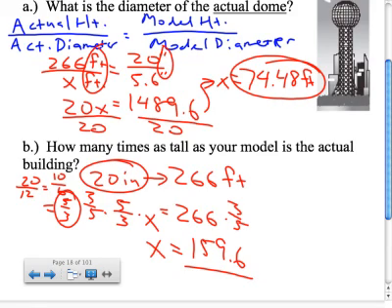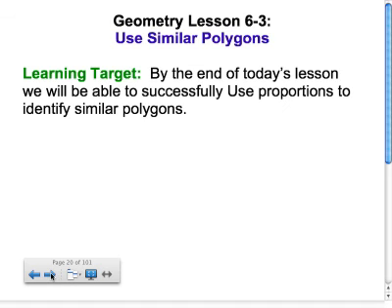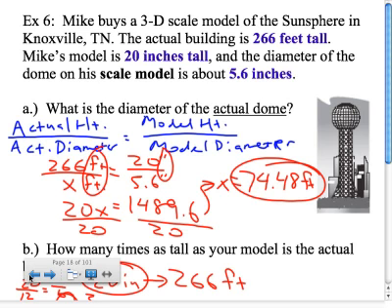So convert, set up an equation, and solve. That summarizes section 6.2, just using proportions to solve geometric problems. As always, any concerns you might have regarding this section, bring them to class, and we'll be sure to address those things first thing.